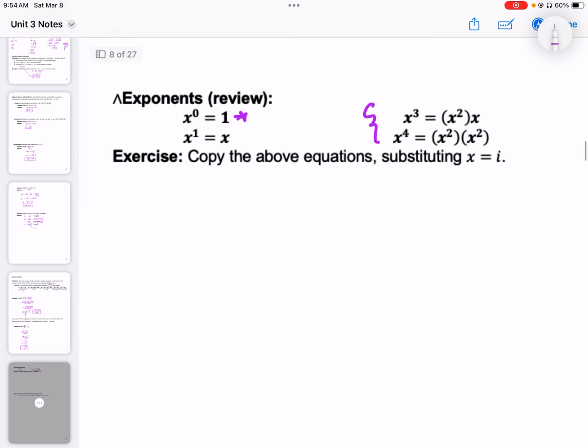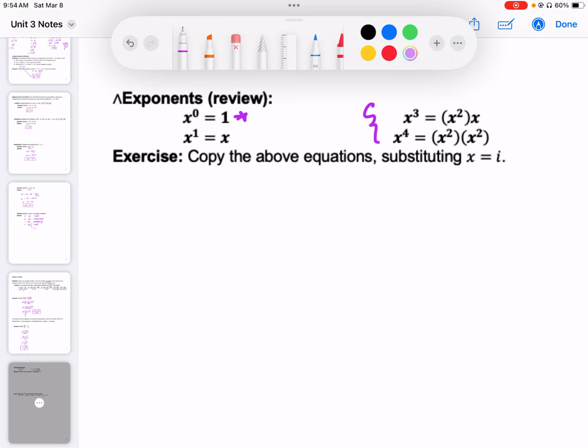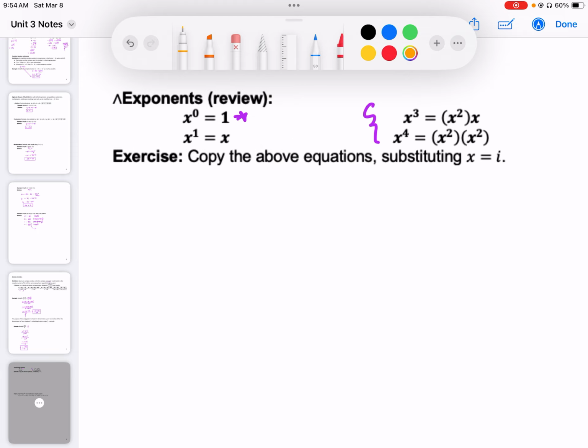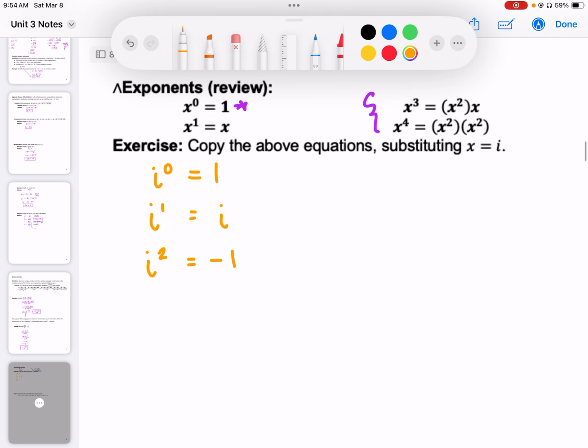Now, if we want to redo this, but with I, it's going to have a very similar relationship. Let's use a different color here. If we have I to the 0, that's still going to equal 1. If we have I to the 1, that's going to equal I. We'll go ahead and do I squared just for coming full circle. We have realized that's going to be minus 1.